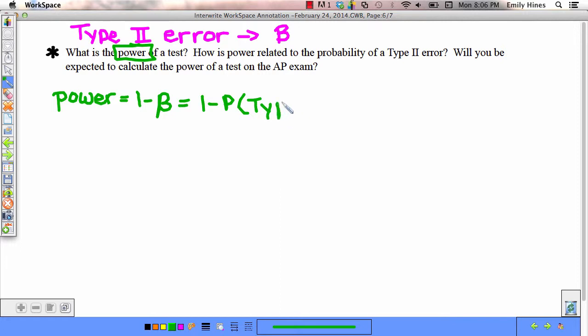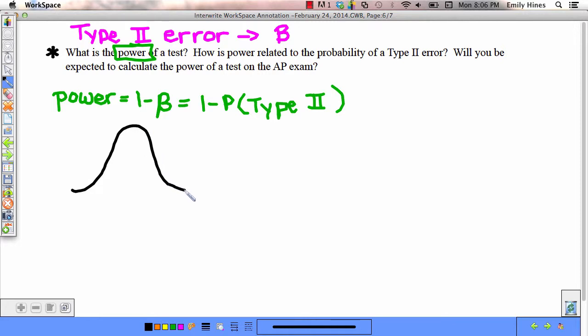And so you might ask, what is power? How do I calculate it? Well, the good thing to know is that you will not be expected to calculate power on the AP exam. What you are going to be expected to be able to do is to talk about it. Okay, to understand how power is calculated and the general idea behind power, which is this.